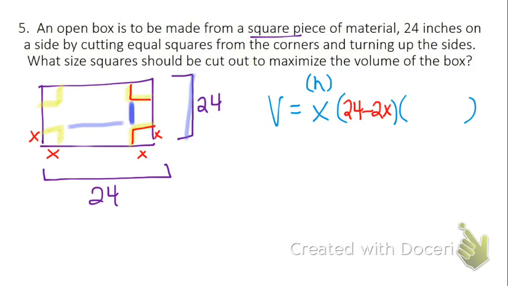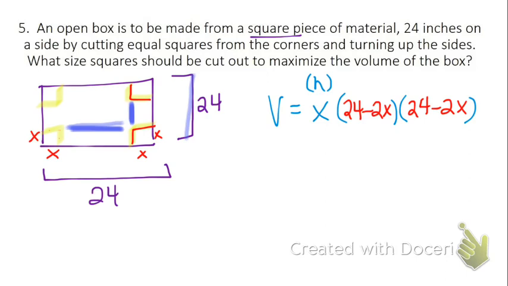In a similar fashion, if I try to find this side right here, it's the whole side, which is 24, and then you subtract off the 2 x's, so both of them are the same. And if you'll notice, we now have an equation of volume and of x, and I don't have to rewrite some other equation because I have two variables here.